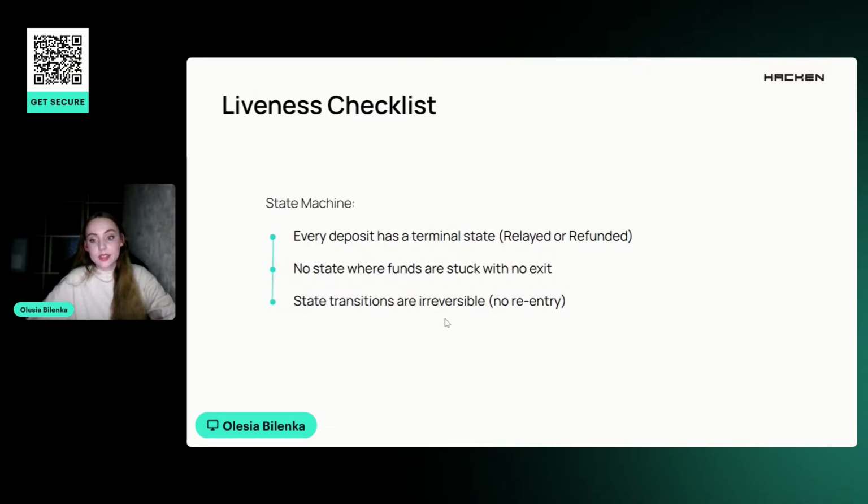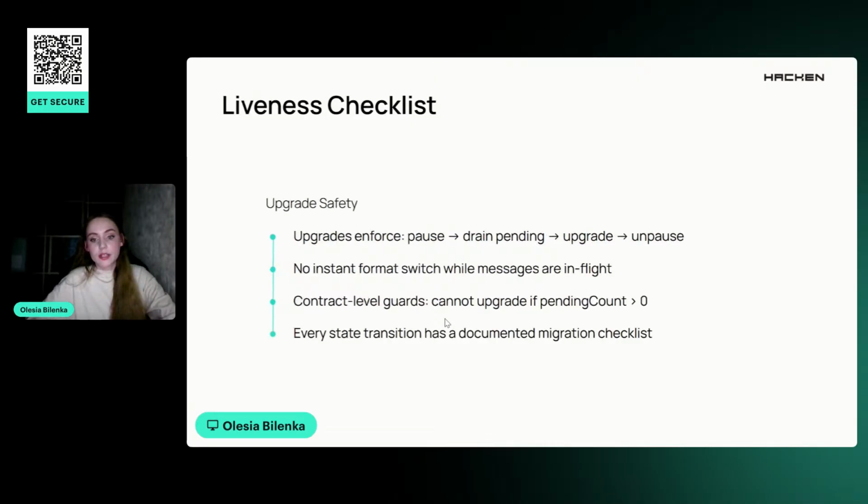And the one we demonstrated live, upgradability. Upgrades should follow the secure sequenced procedure. It depends on the architecture. In our case, it was pause, drain pending, upgrade, and unpause. There shouldn't be an instant format switch when there are some in-flight messages, and contracts should enforce what they can.